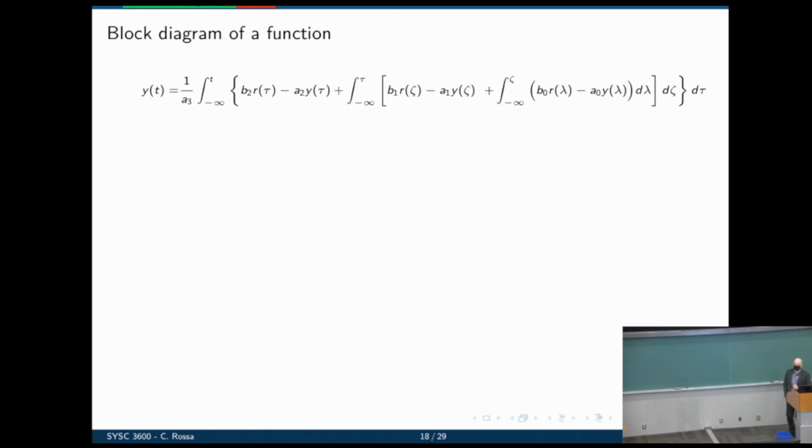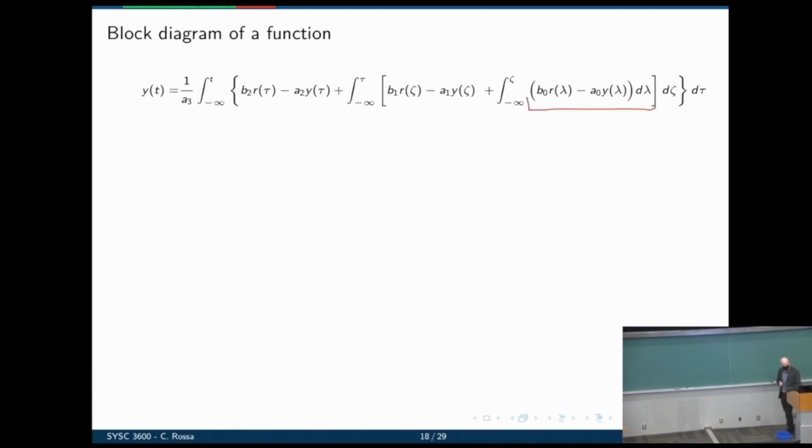Now let's try to create a simulation diagram for this. Where do we start? We can start with the input to the system, which is R. And you notice here, let's look at this term.